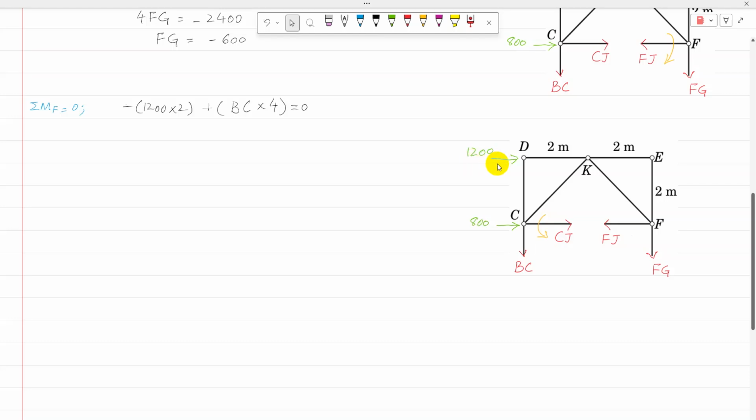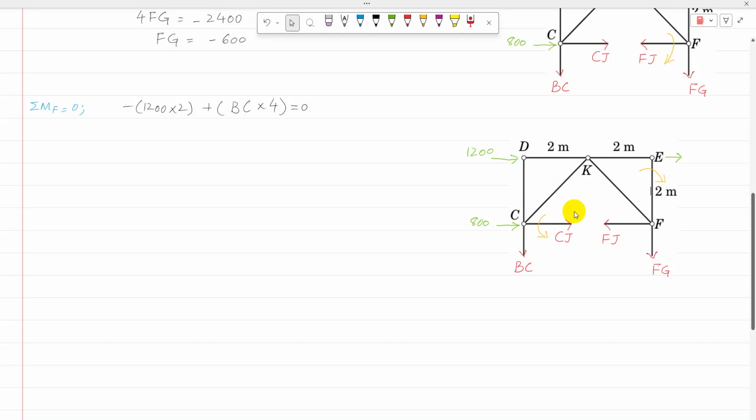Then 1200: the line of action of 1200 is along DE, and its perpendicular distance from DE to F is 2, and it is going to produce moment in clockwise direction.